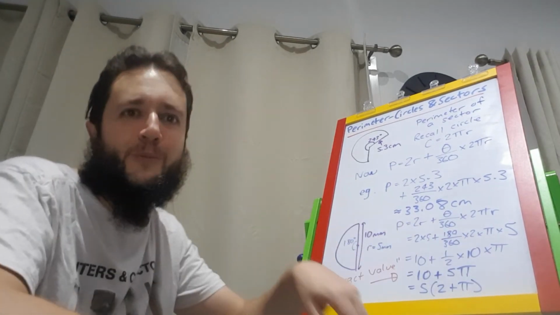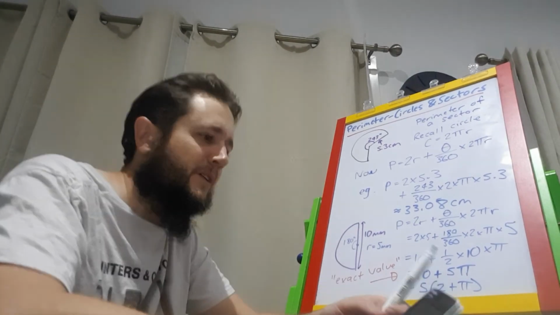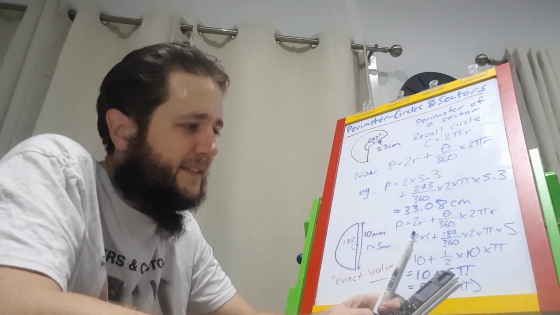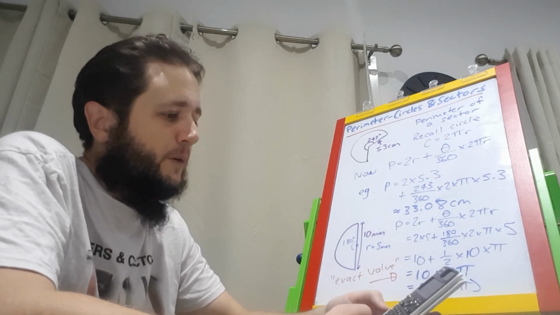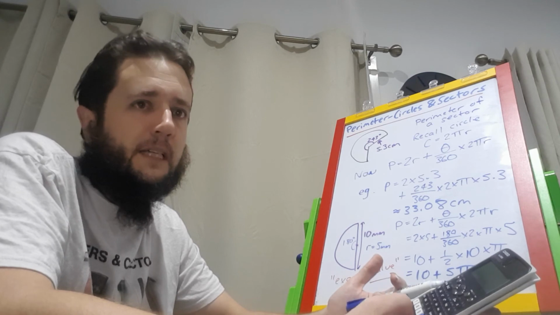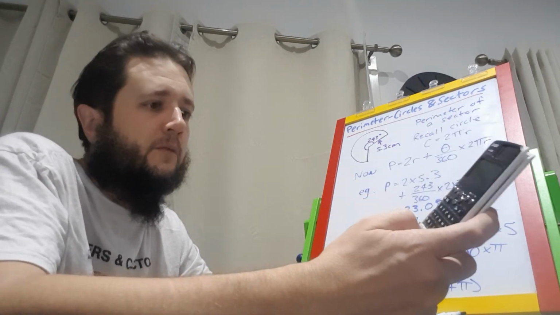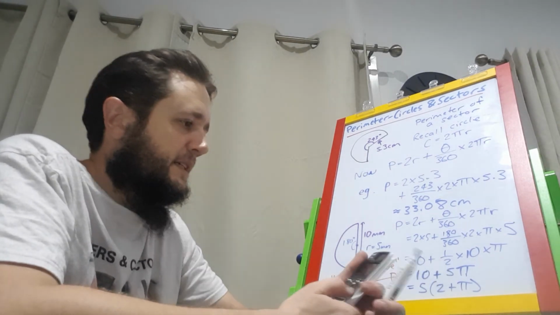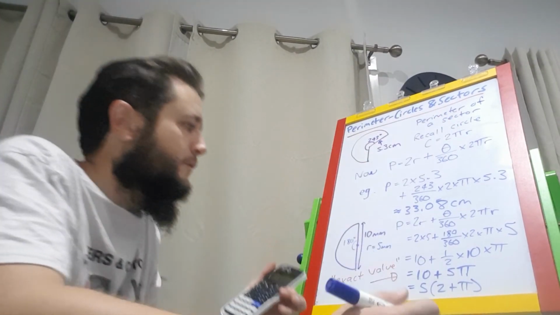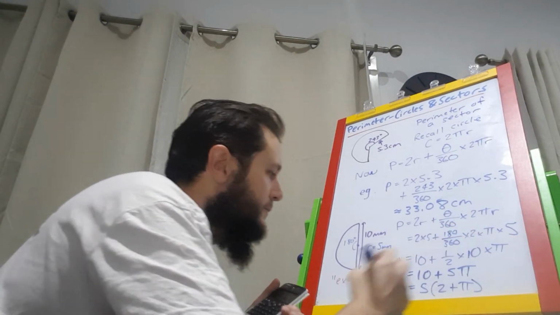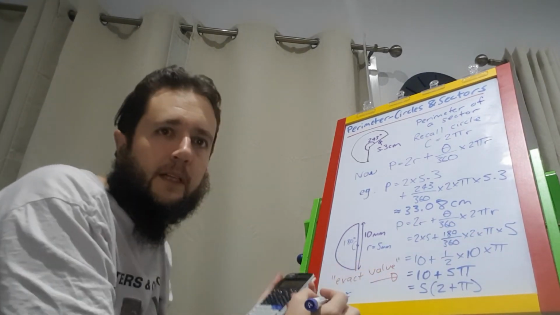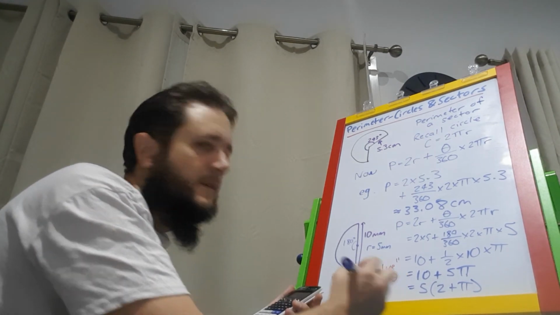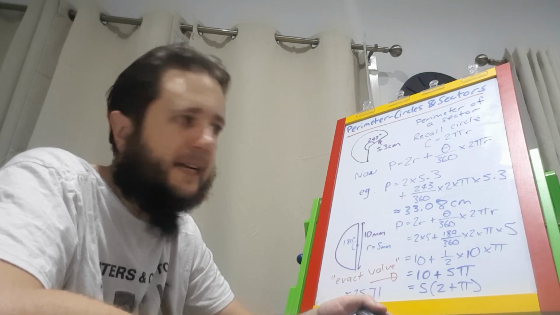You could write it in that form too, but that's not quite necessary at this stage. If I was to get an approximation of it, we'd put it in our calculator, 10 plus 5 pi, and it's approximately 25.71. So at that point, we'd be putting in our squiggly equal sign because we've gone into approximations as opposed to exact values.